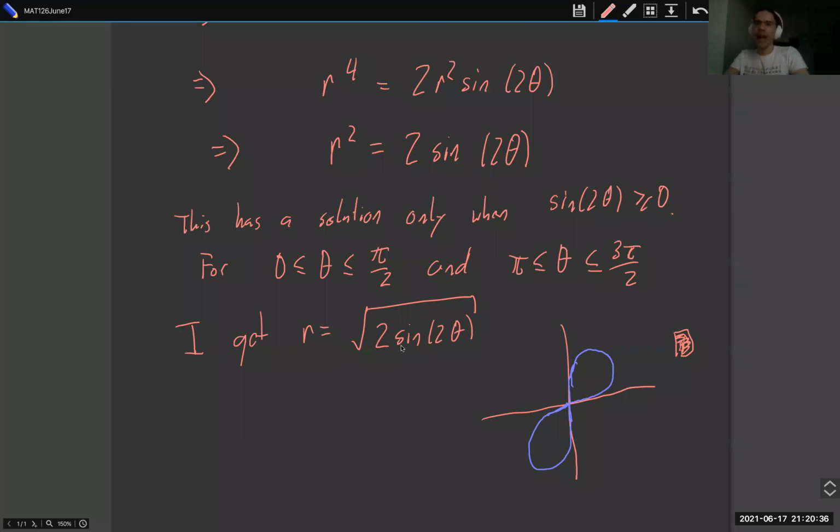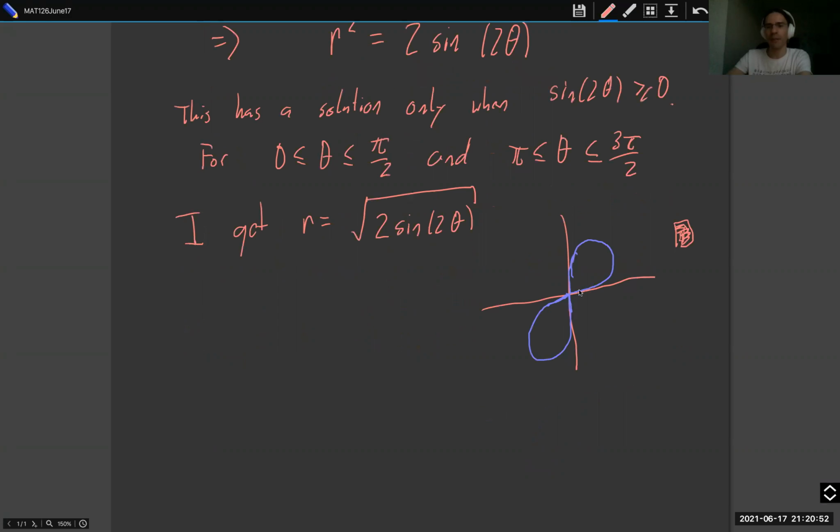So I think that there are exactly 2 topics left to wrap up this course. I'll finish polar coordinates and then finding areas and arc lengths of polar coordinates, maybe arc lengths, but we're going to do finding areas of polar graphs. So if we, for example, look at this figure, we're going to ask what is the area of this figure, and we're going to be able to do that.